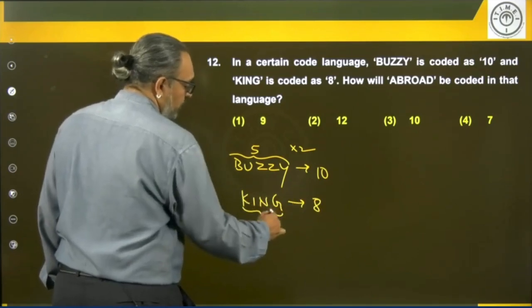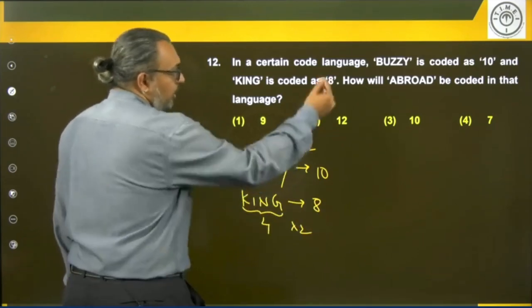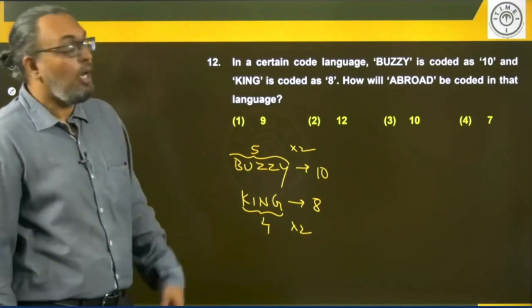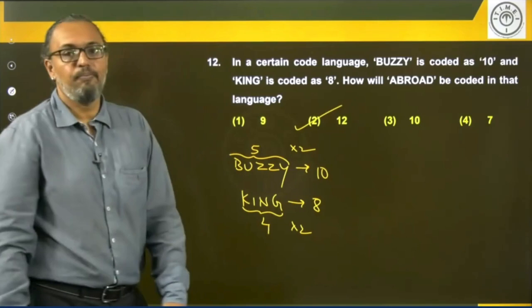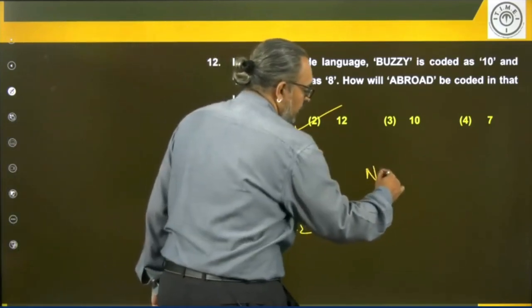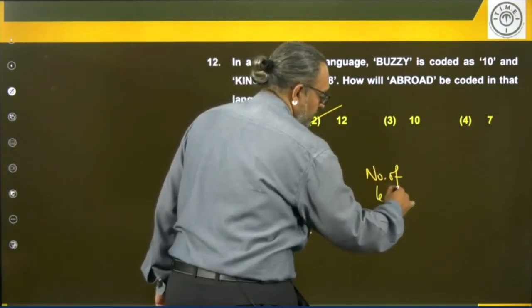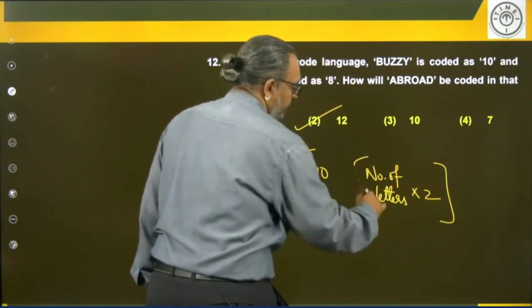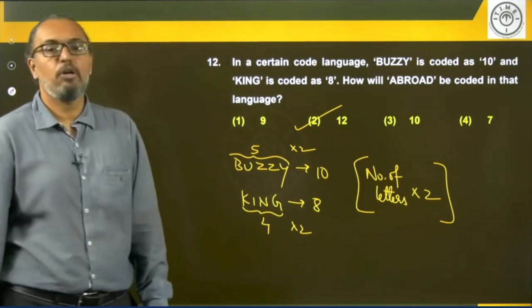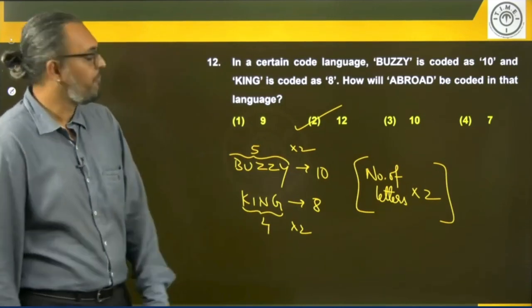So again, double. Now you have abroad, which is a 6-letter word. So you double it, which is 12. So basically the logic is number of letters multiplied by 2. Okay? Right.